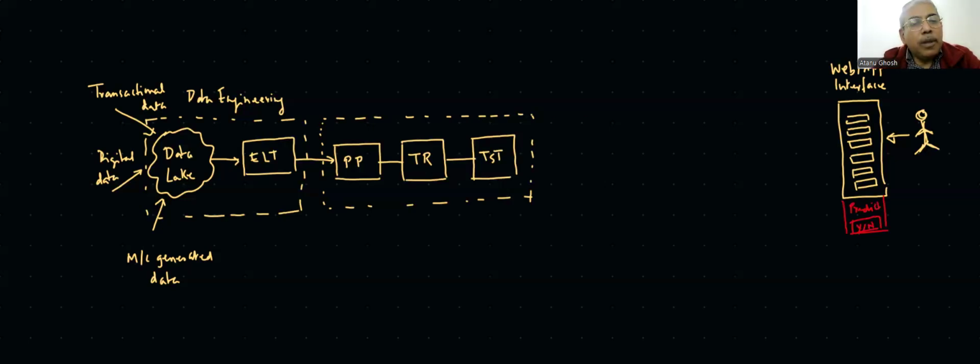But now the problem is, how will this data, which is the features, interact with the model sitting over here and get the prediction and show the output over here? There are two challenges. First challenge is this data is on a web interface.